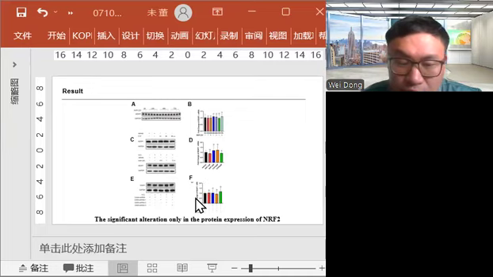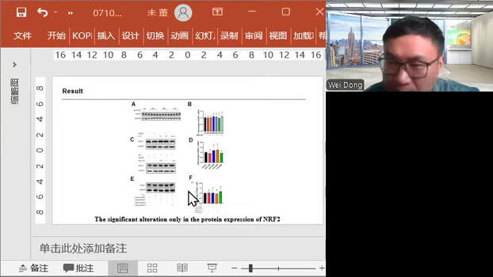This led us to hypothesize that C1P might influence the interaction of NRF2 and KEAP1, but not the expression of KEAP1.